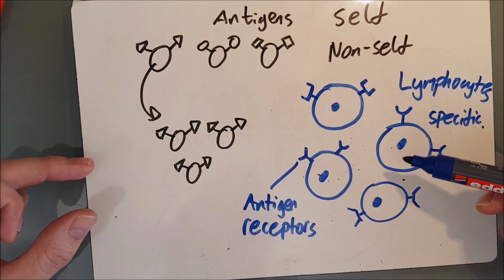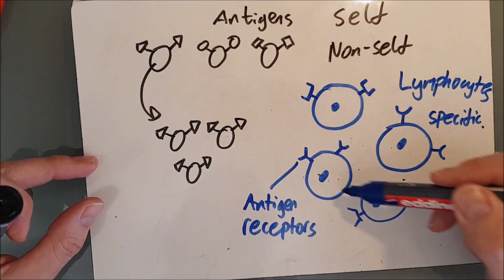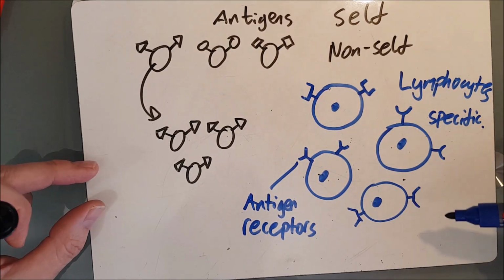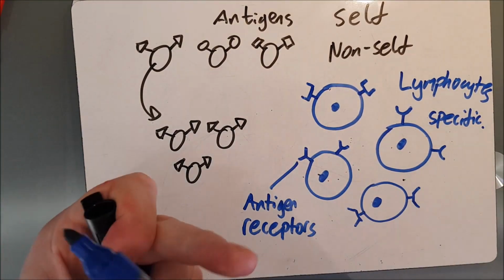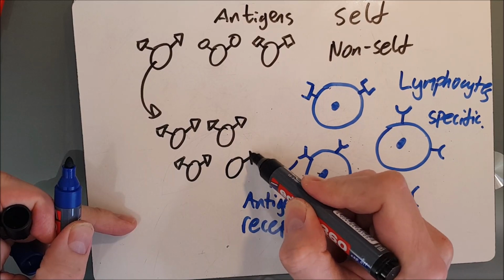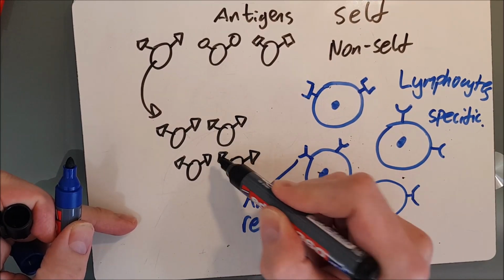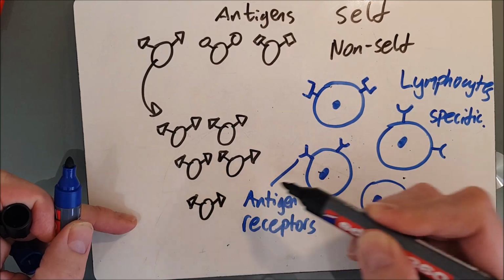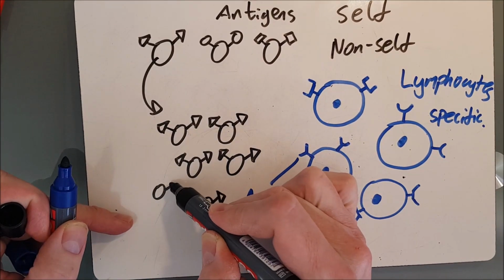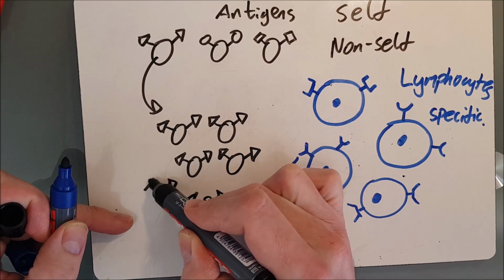And when you first see a microorganism, you don't have very many of each type of specific lymphocyte. So there's plenty of time for your microorganism to keep on reproducing and causing damage to your cells, either by bursting out of them as a virus or producing toxins. And that will make you ill.